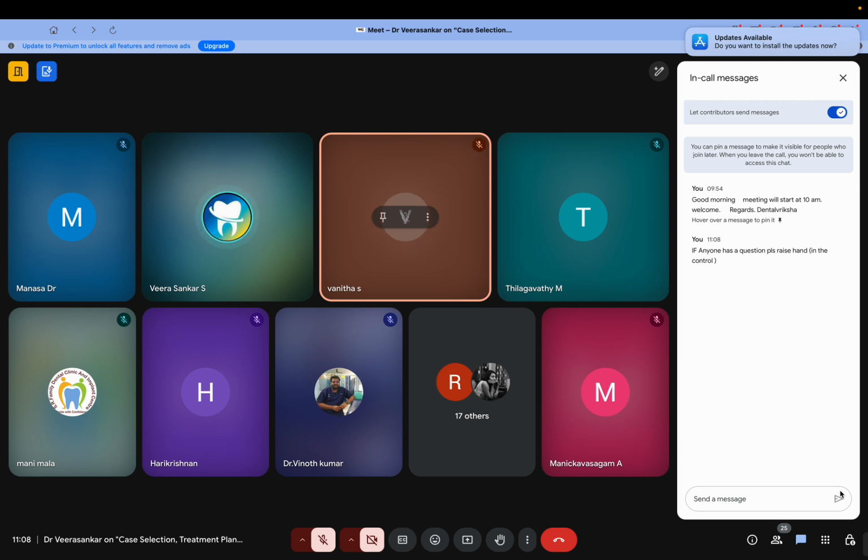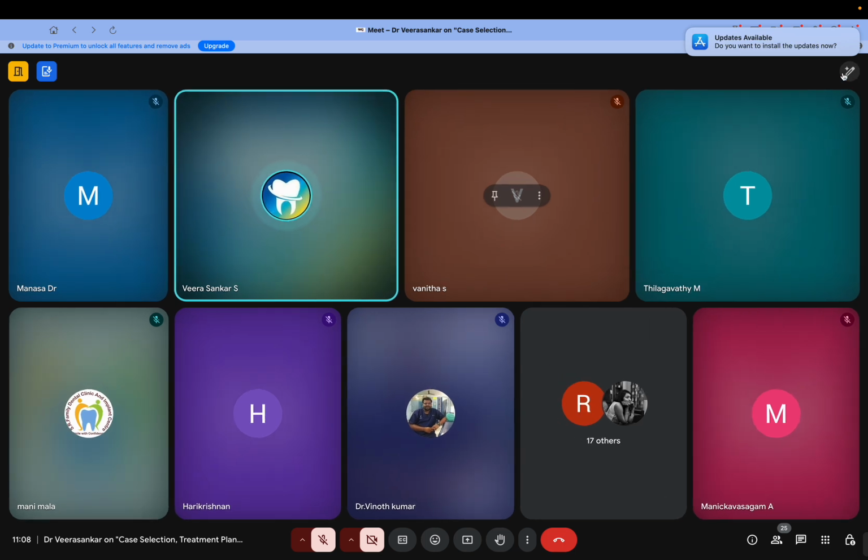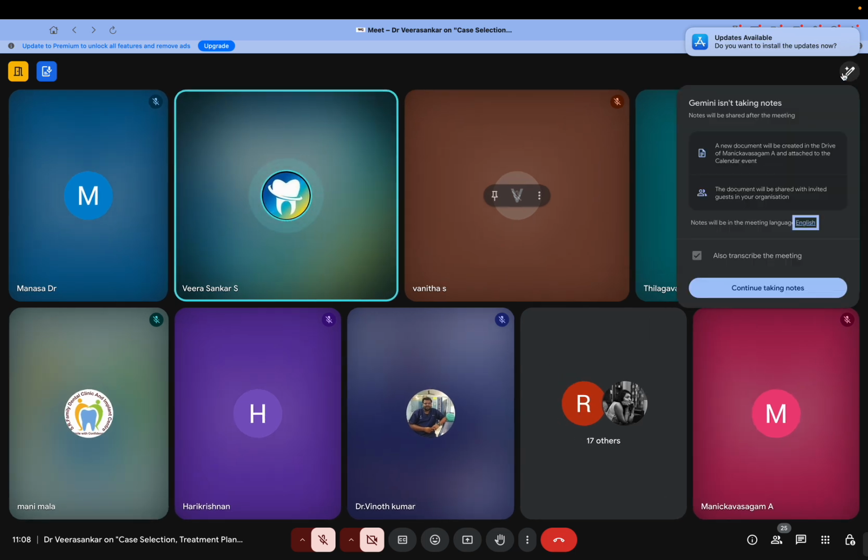Yes, ma'am. The proper space, that is IPR, as per the ClinCheck planning, should be given so that the aligner works in an effective manner, even if it is 0.1 or 0.5 millimeters. There is an IPR gauge available, which can be used to check whether the space given is between 0.1 or 0.2 to 0.5 millimeters.